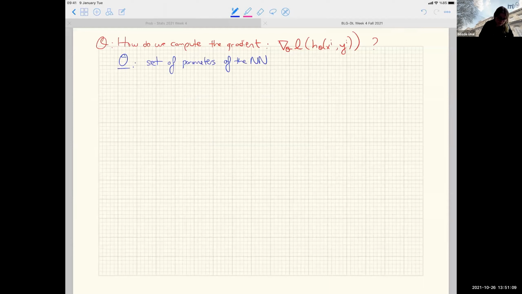We said it's really W superscript 1, b1, W2, b2, and if it's K layers, up to WK. I said K here, so just keep the same.